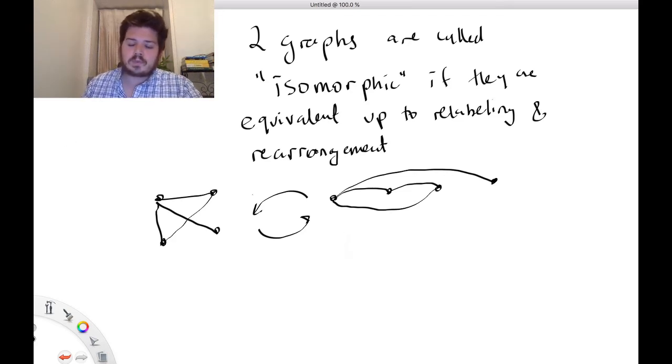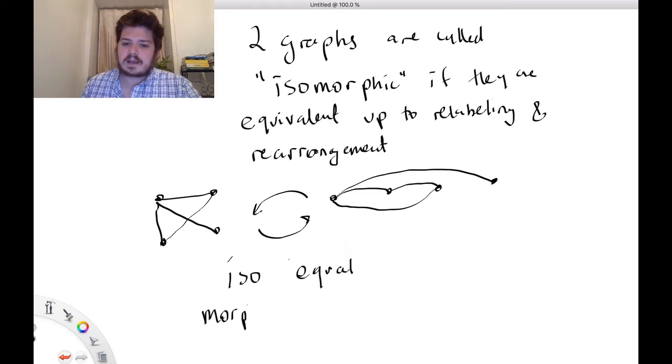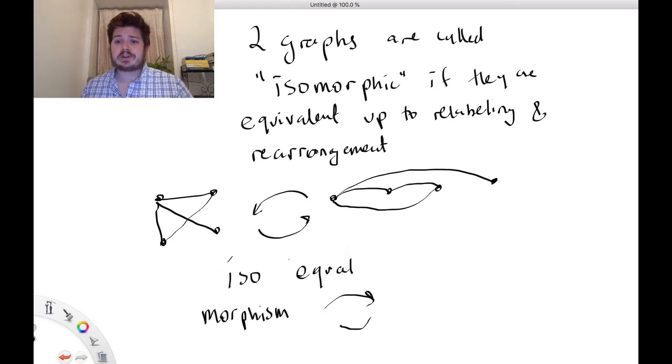So why the word isomorphic? Well, iso is a Greek root for same or equal. And the morphism part is this action of changing one to the other by this relabeling or rearrangement.